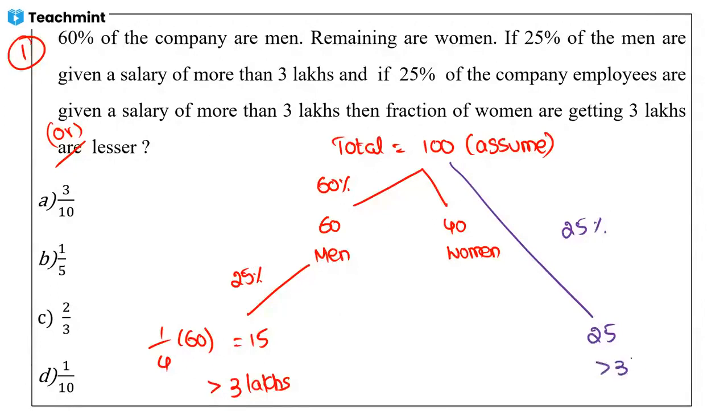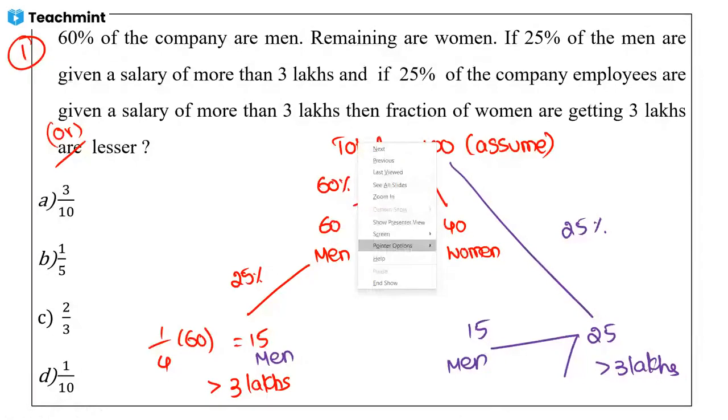Among these 25, we came to know 15 are men. So among 25 people who are getting more than 3 lakhs, 15 are men. Obviously, the remaining must be women. 10 women, right?